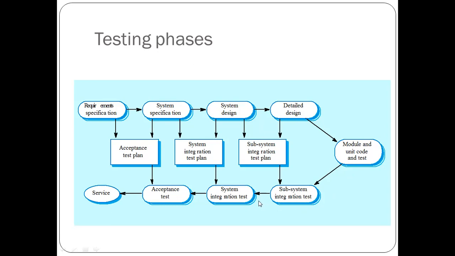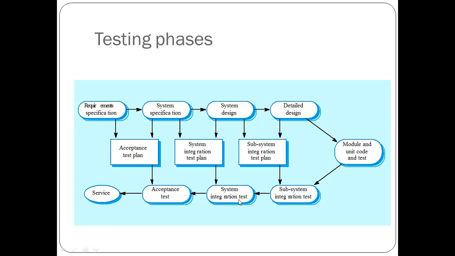After this, you get the system integration test. A subsystem is a part of a system. Whenever we break a system, we get a number of subsystems, and as we divide a subsystem, we get a number of components or modules, or units. After integration we get the subsystem, and when more than one subsystem is combined, we get the system.